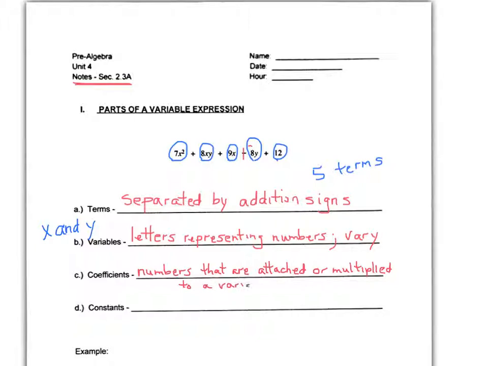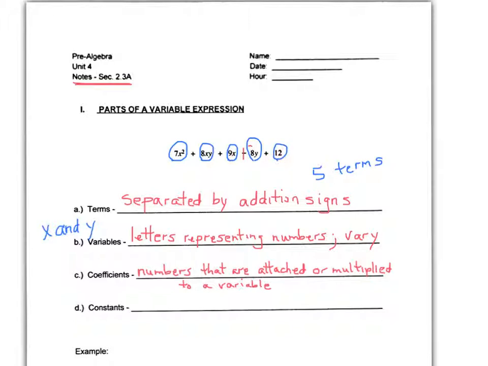They are attached to a variable. They're multiplied to a variable. So the coefficients: 7's a coefficient because it's attached to x squared. It's right next to it. 8's a coefficient. It's attached, it's multiplied to the xy. 9 is a coefficient because it's being multiplied to the x. -8 is a coefficient because it's right next to the y.